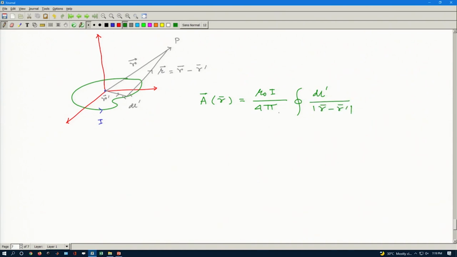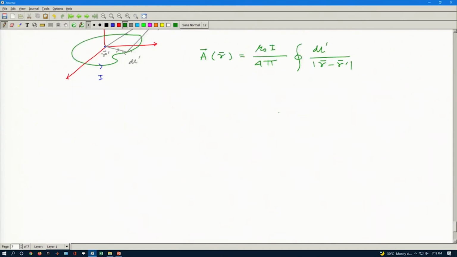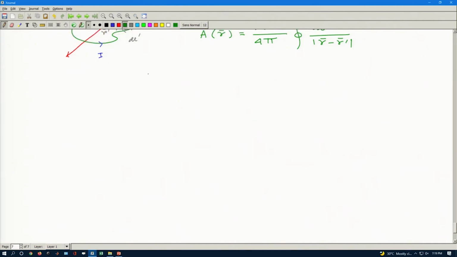This expression we already defined for how the magnetic vector potential can be represented when a line current is there. Like in the previous case, I need to expand 1 by r minus r prime, and we did it earlier.